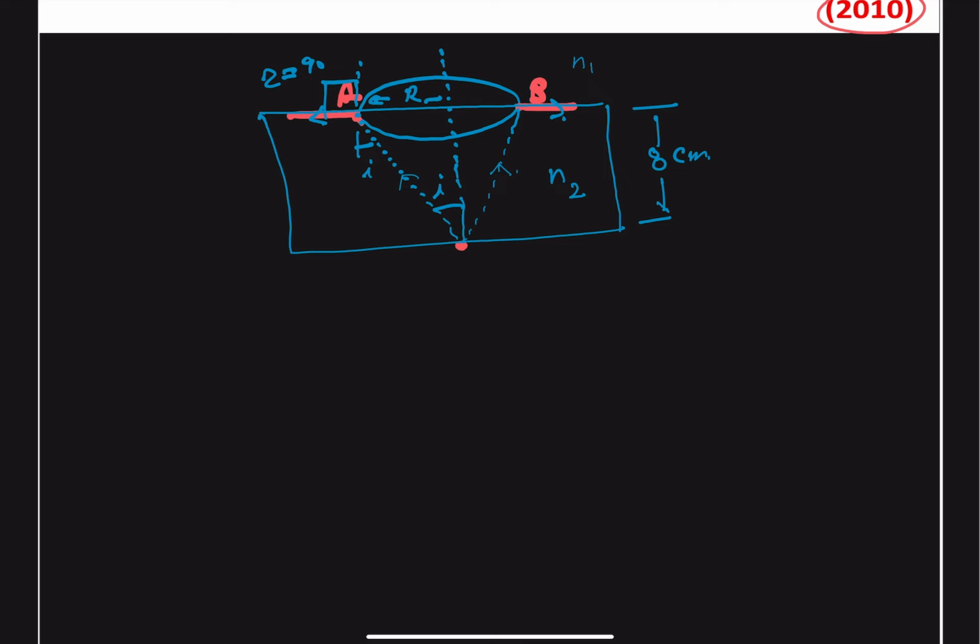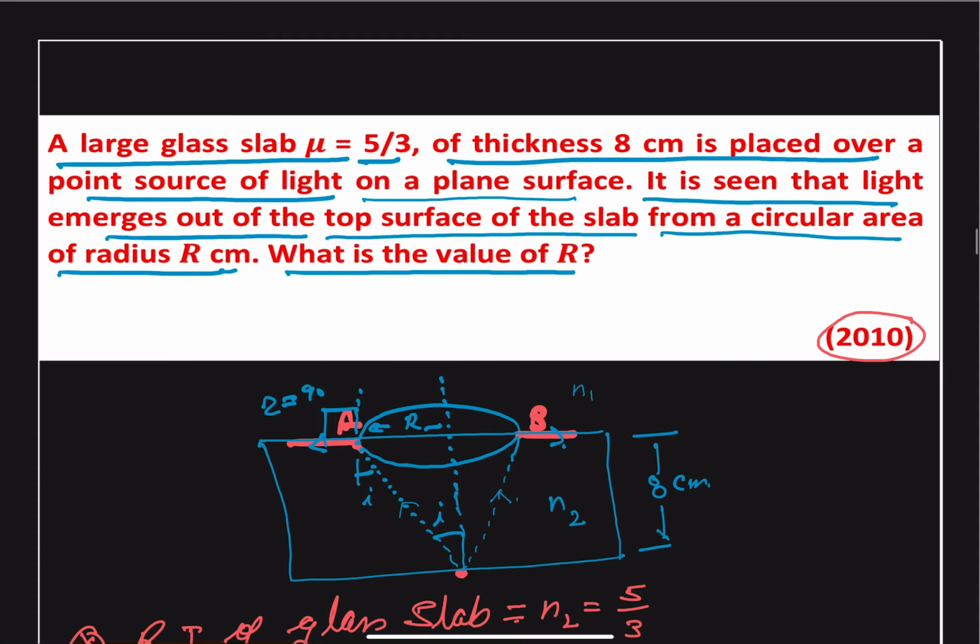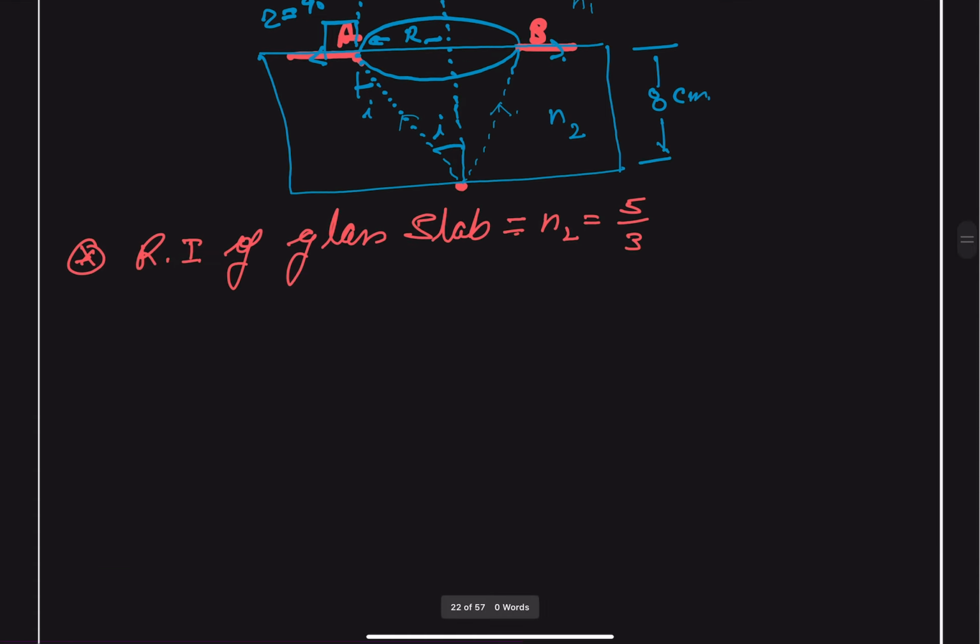So we are given the refractive index of the glass slab, which is our N2, and it is given as 5/3. And the thickness of the glass is also given.